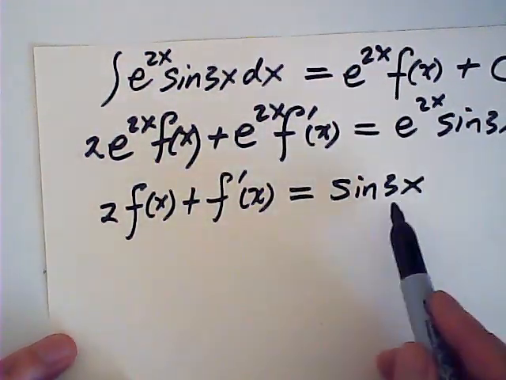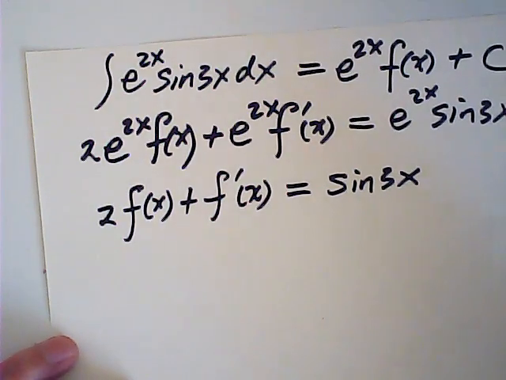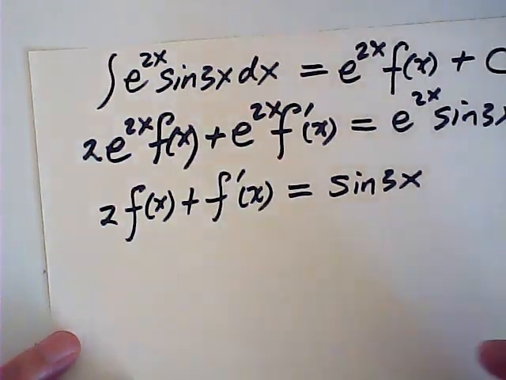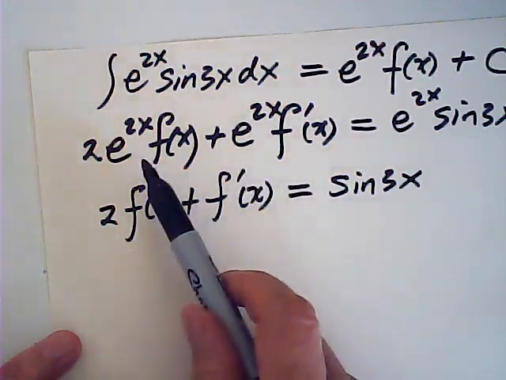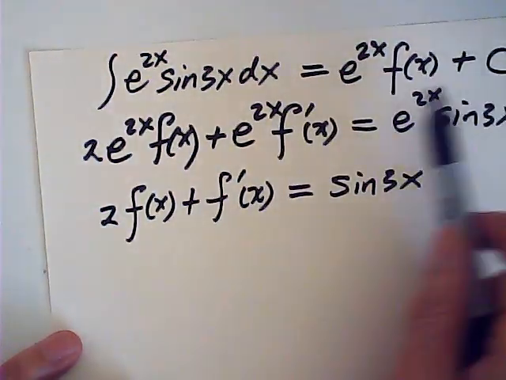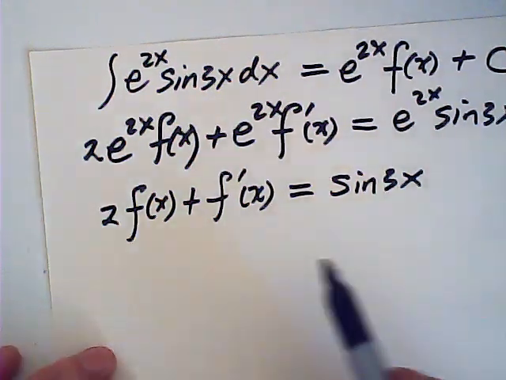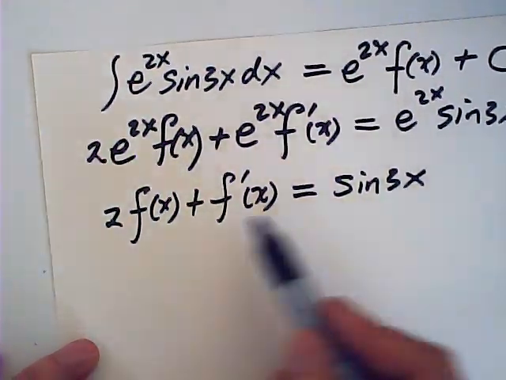We cannot solve this differential equation by the regular way, because if you do this, then you use the integrating factor, right? Then you go back to the original integral. So we have to use other methods, other ways.